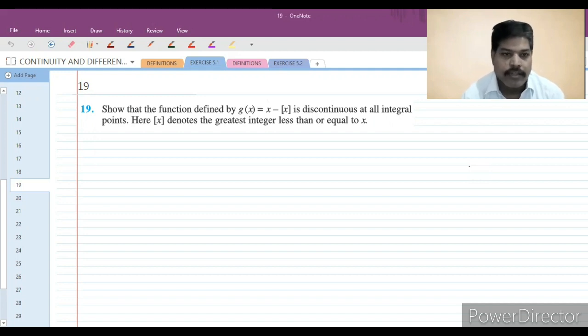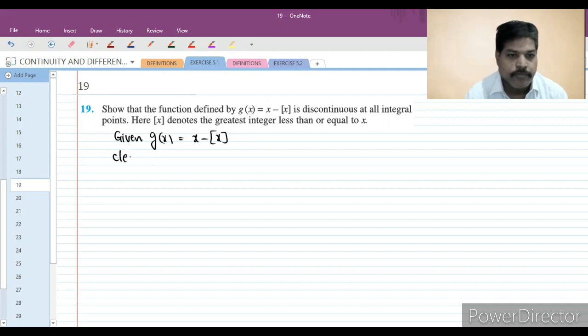So how can you calculate that, students? See the question. What is the given function? The given function is g of x equal to x minus [x].